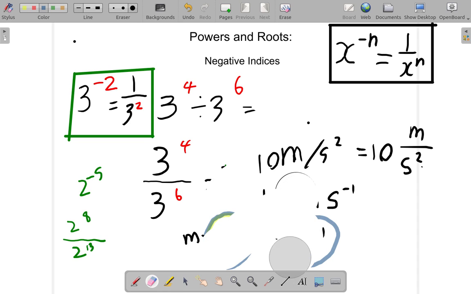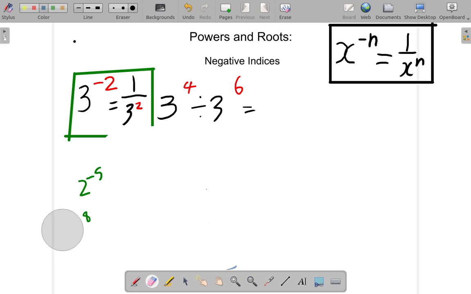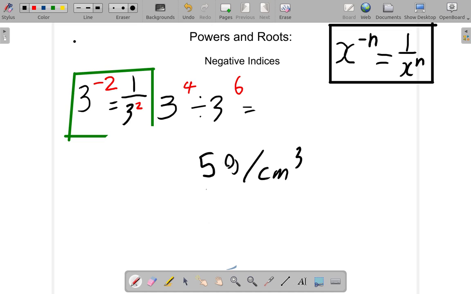Or in another case, in chemistry, you might have some volume or density being measured, and you say it is 5 grams per centimeter cube. Sometimes it's written as 5 grams cm to the negative 3.